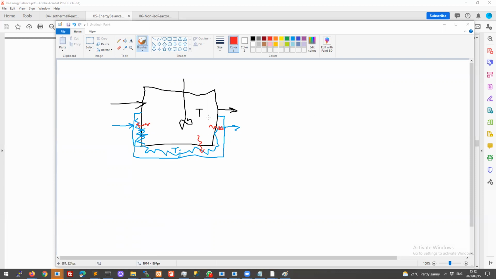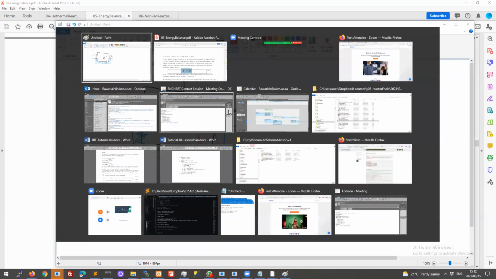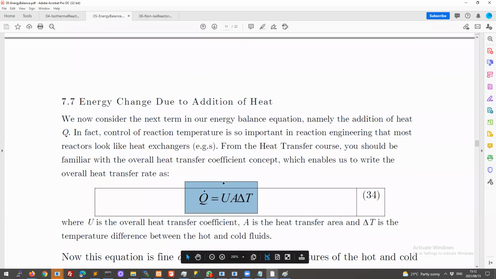Okay, so that is something that can be estimated, not by developing some kind of new theory, even though reaction is involved and it's in the context of a reactor. By the end of the day, it's a simple heat transfer question. And so all the development that you've seen in the heat transfer course, all that applies here.